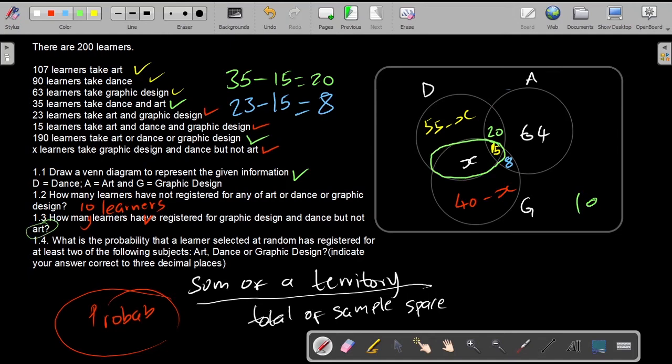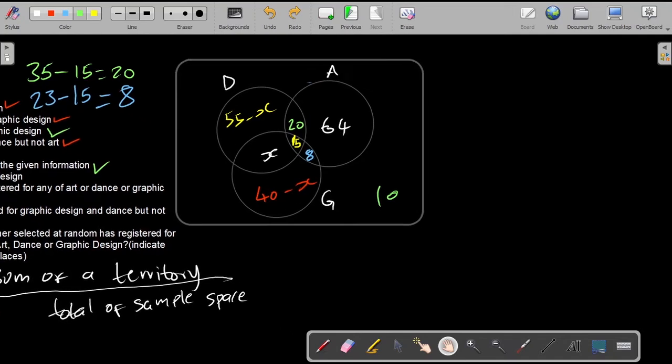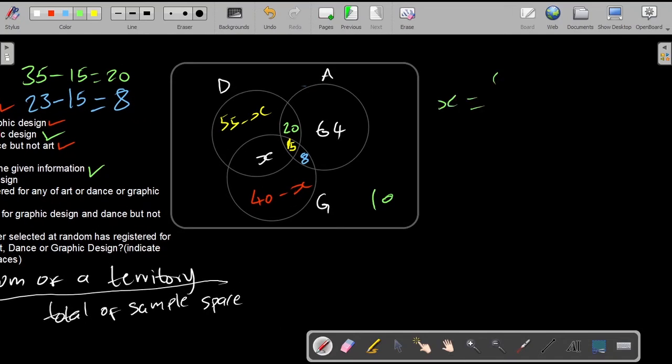So anything that has to do with art should be excluded from this intersection. So the total intersection of D and G is over there, but we now are told that we have to exclude that portion which includes art. So we're only talking about this portion which consists of X. Phrased differently, this question is asking for X.